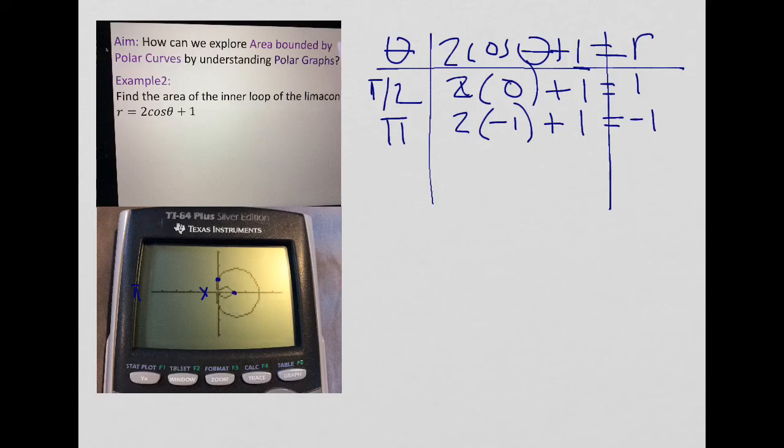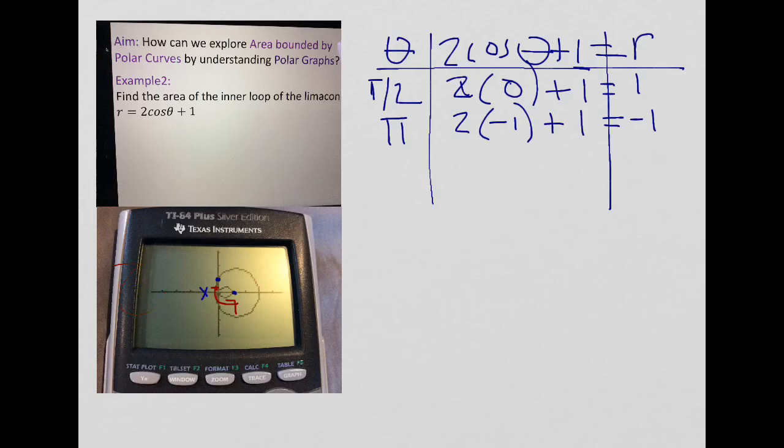And that's already part of the inner circle. If you saw it graphed, it went from this point around. So it started somewhere before, over here, before it got to that point when theta was pi.